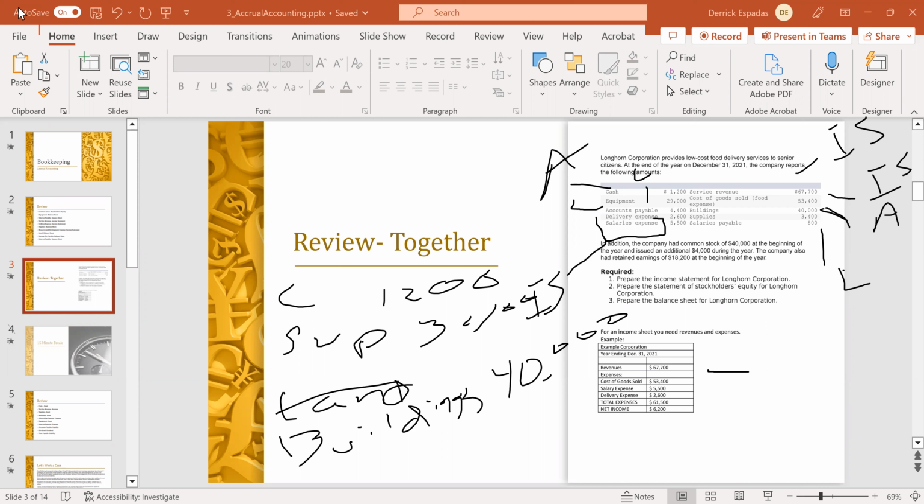That means we still have 68,400 left over. So remember, assets equals liabilities plus owner's equity.